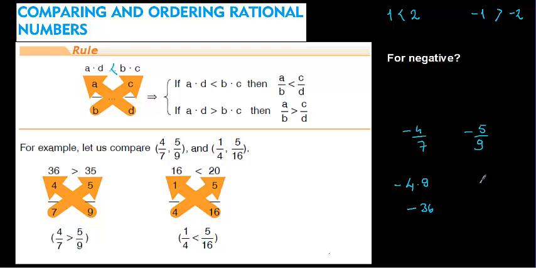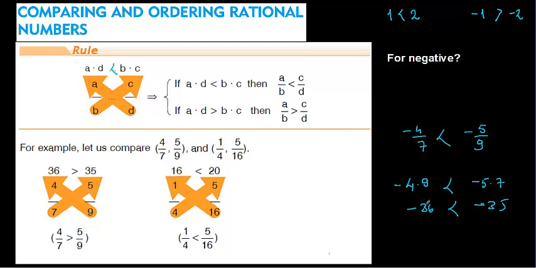And -5 times 7 is -35. The denominators are positive, and the numerators are -4 and -5. So we know that -35 is bigger than -36, so we are going to do the inverse operation here.